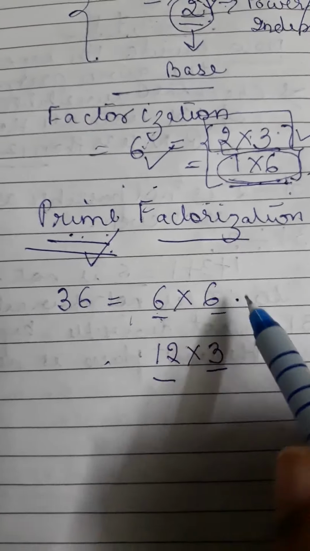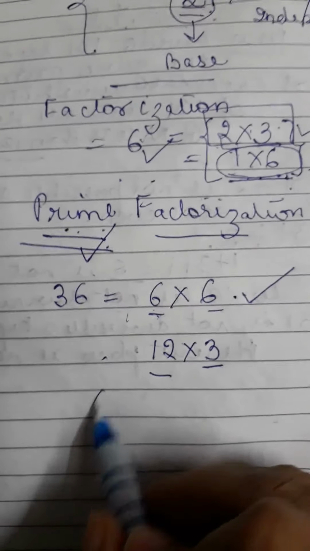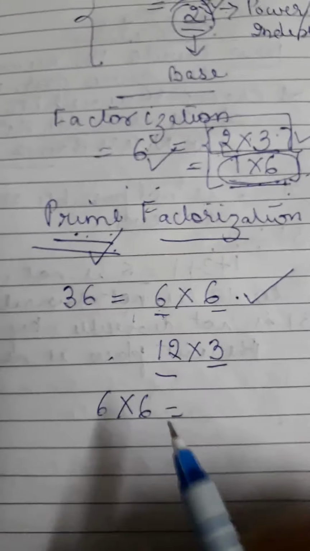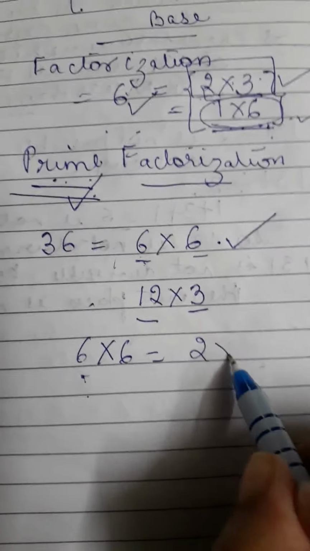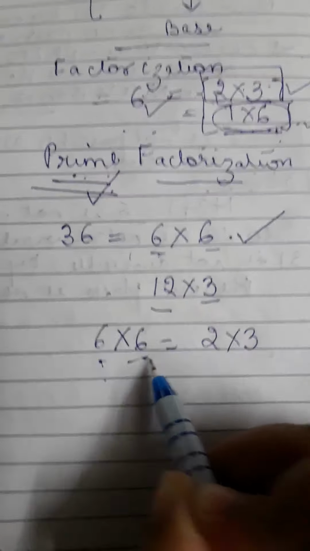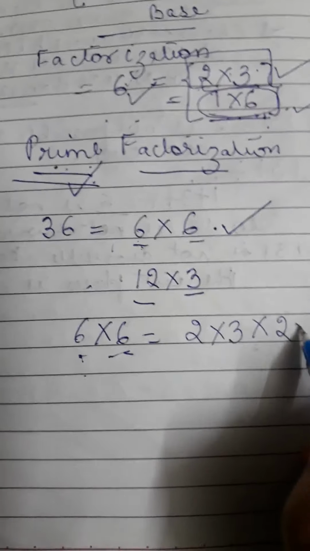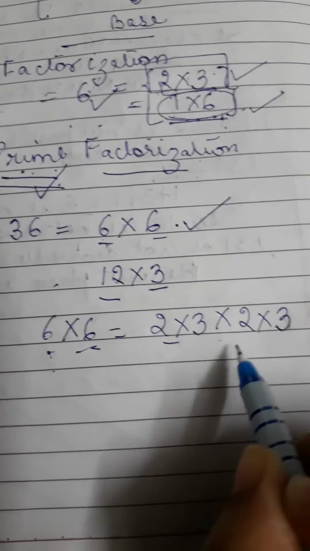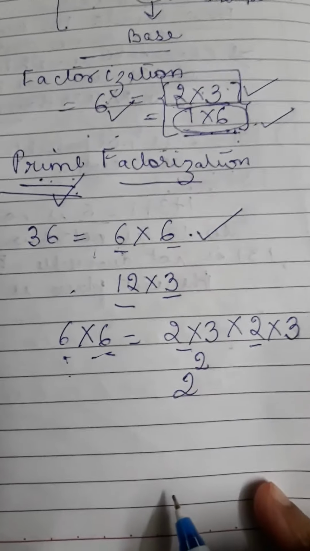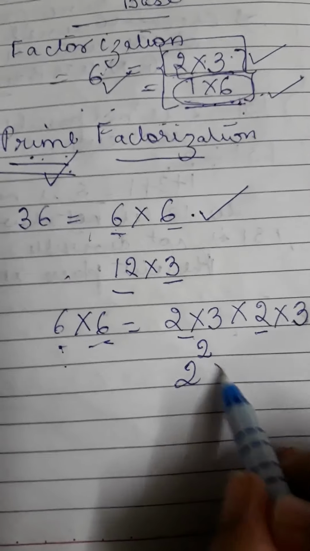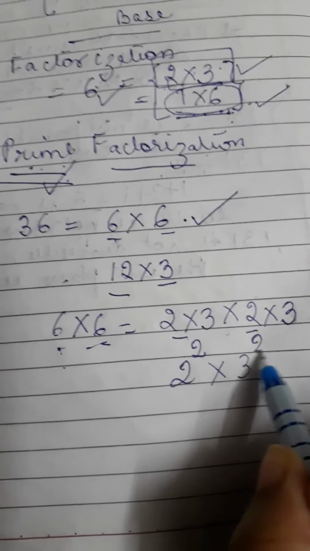Now let's take this 6 multiplied by 6 first. Can I put it into prime numbers? Yes, I can. I can write 6 as 2 multiplied by 3 and this 6 as 2 multiplied by 3. How many times is 2 there? 2 times. So I can write it as 2 raised to the power 2, index notation, multiplied by 3 square.